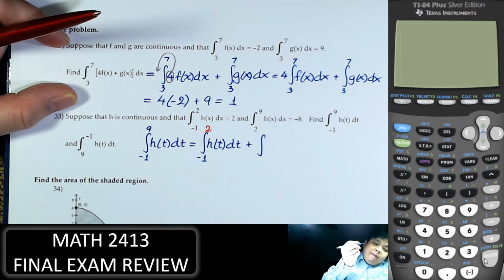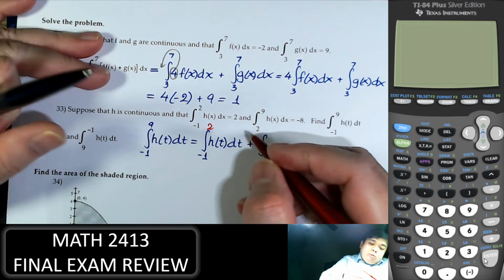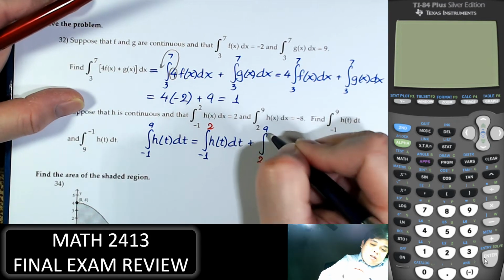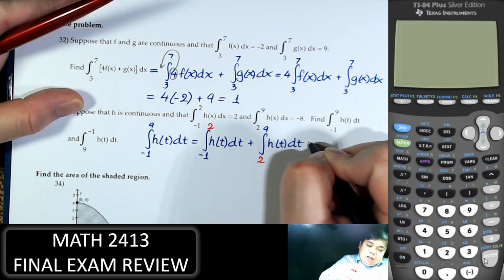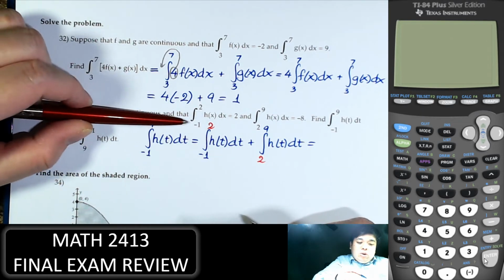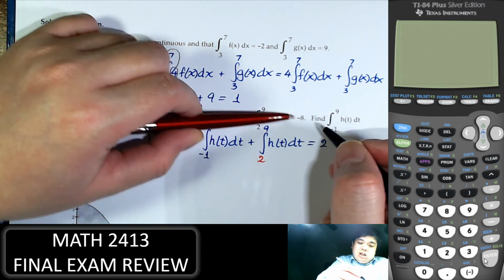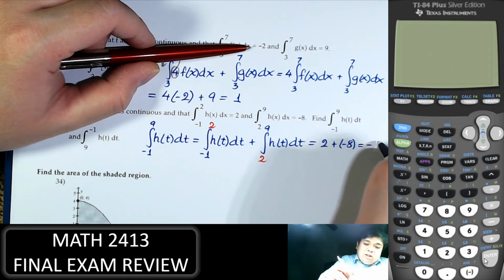Right, and then since we stop at 2, we pick it up from 2 and go to 9. H of t dt. Right, from negative 1 to 2, the integral is going to be 2, and from 2 to 9, the integral is negative 8. So that gives us negative 6.